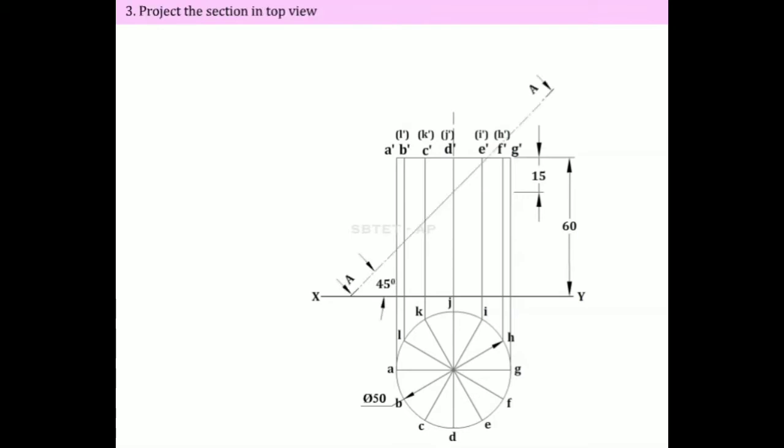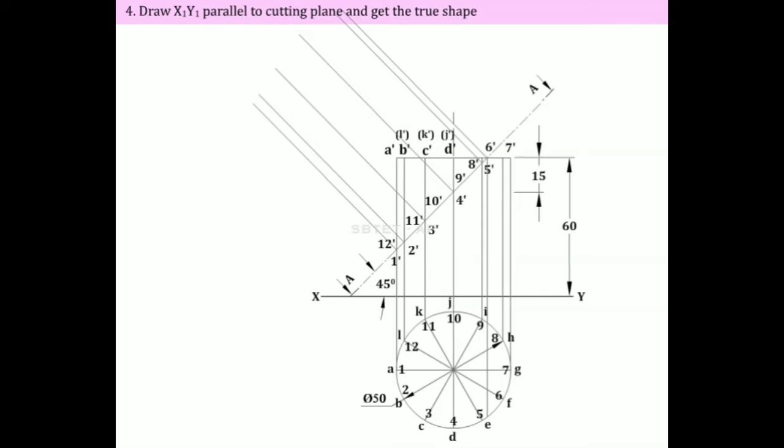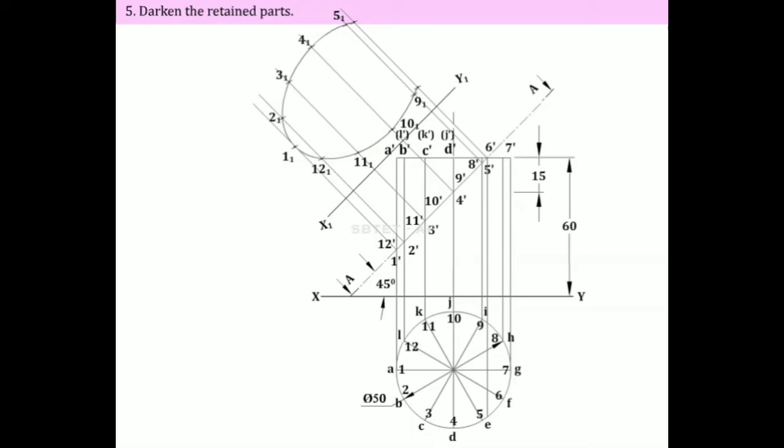Project the section in the top view. Draw x1, y1 parallel to the cutting plane and get the true shape. Hatch the true shape and darken the retained parts to complete the problem.